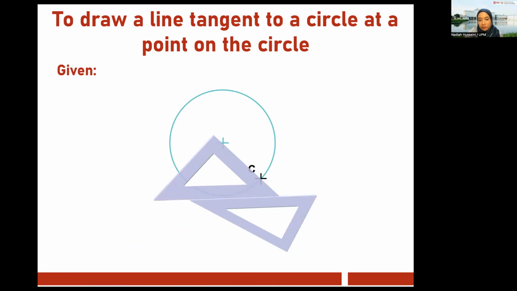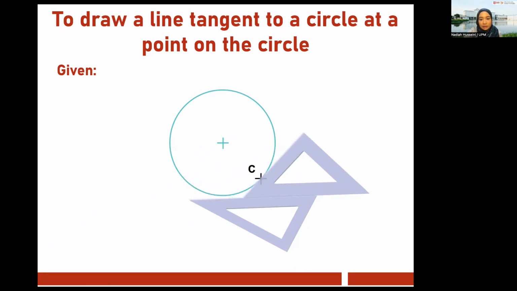So here, it's aligning the center of the circle with the point that they want using the 45. Okay, I think this is just random, as long as you have these two points. And then you put in your other triangle, slide it. There you get your tangent line.